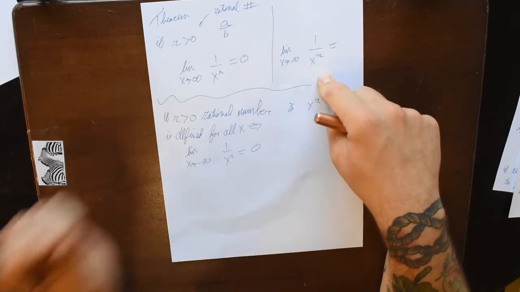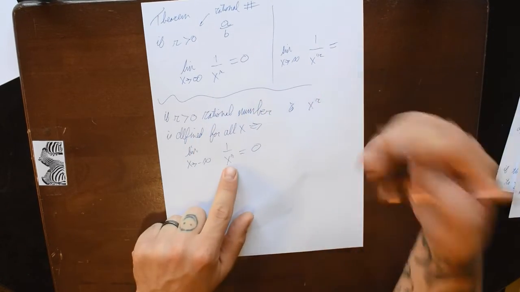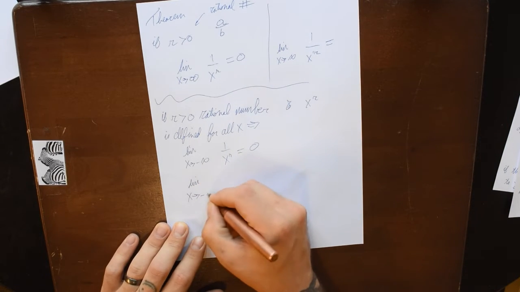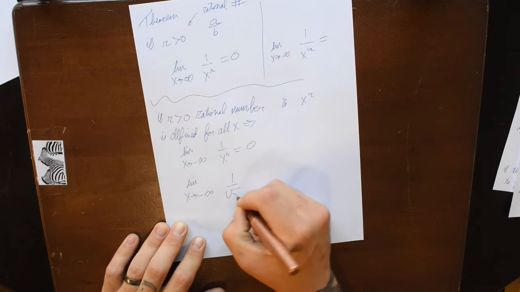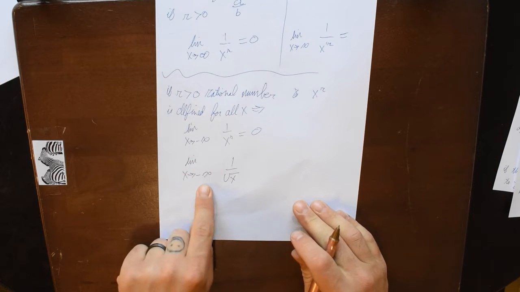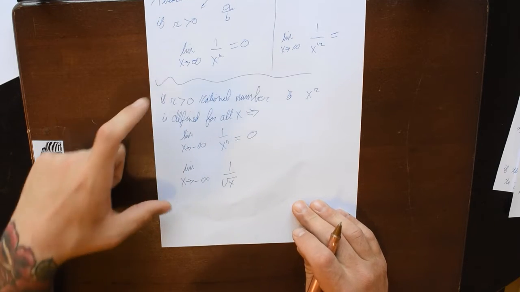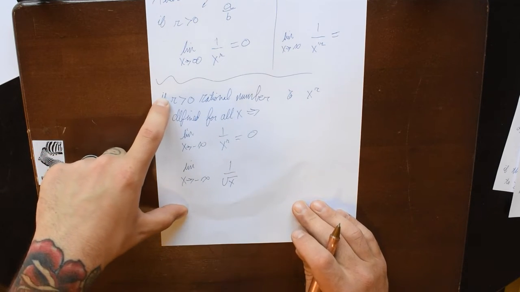So we can take the square root of x. Over here, we can't take the limit as x approaches negative infinity of 1 over the square root of x, because the square root of a negative number isn't defined. So that's what we're getting at with these 2 theorems, and why this one talks about being well defined.